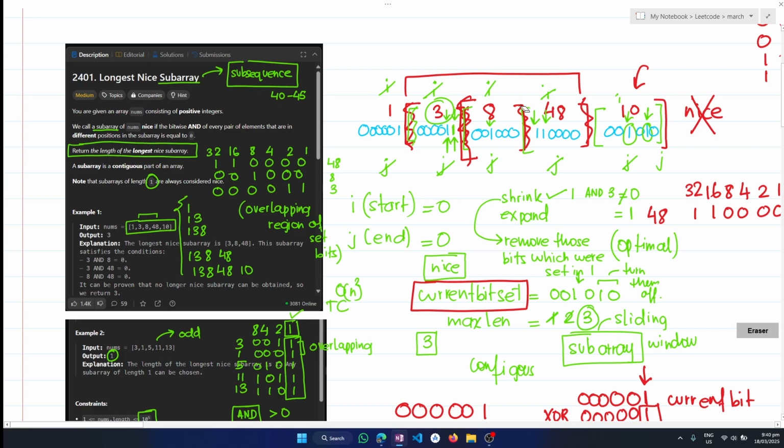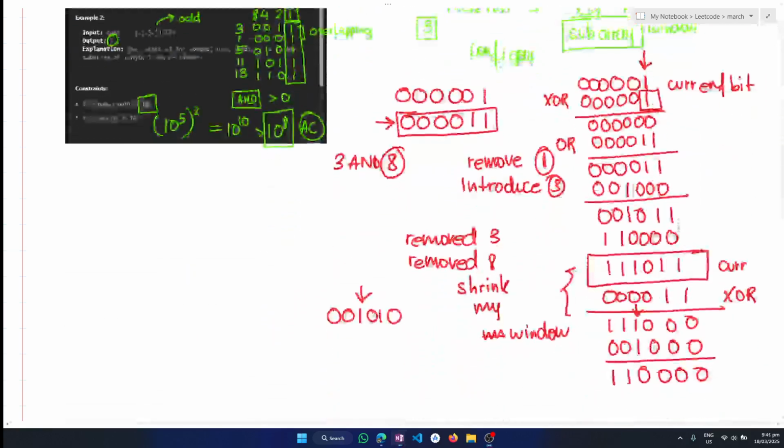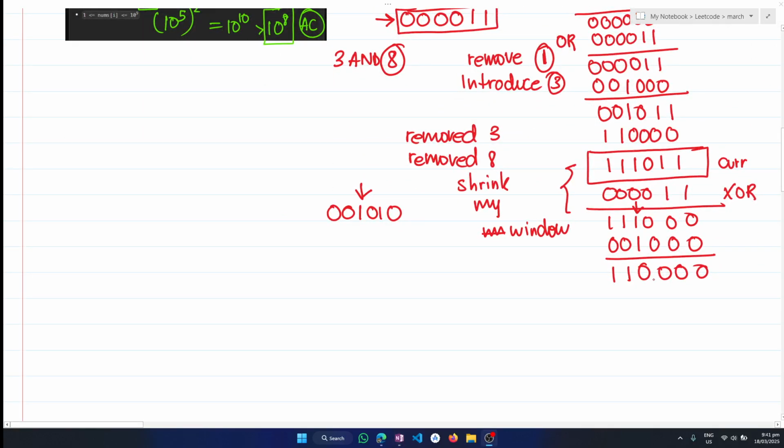And now the window that I'm considering is what? 48 and 10. But tell me, if I add these two numbers, do they categorize as a nice subarray or not? If you carefully observe, this is 48: 1, 2, 4, 8, 16, and then this is 16 and this is 32, and then 10 is actually this.